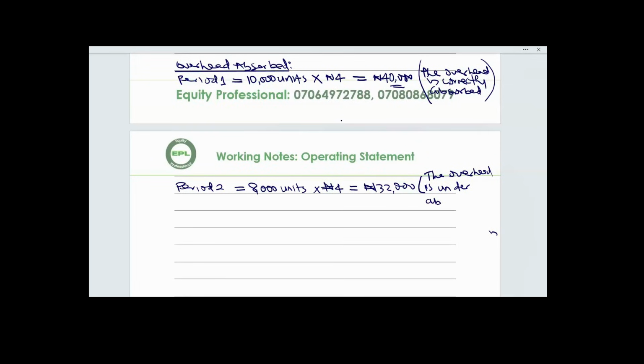You add it back to the cost of goods sold. You were supposed to charge 40,000 to the product, but you ended up charging 32,000. That means it is under absorbed, so in this case, you add to cost of goods sold. That's the treatment we are going to apply.